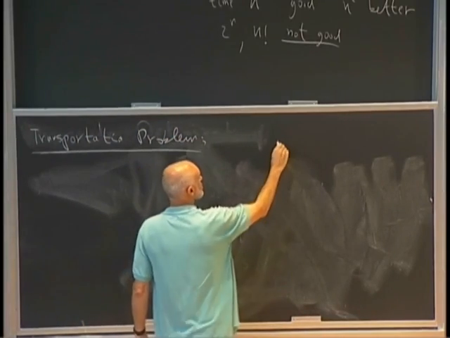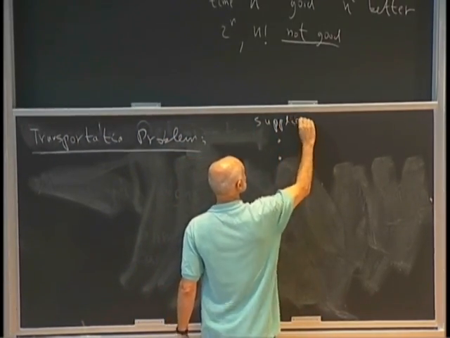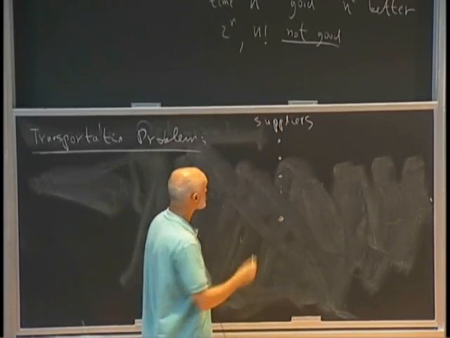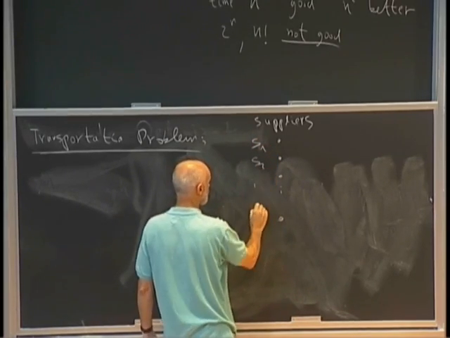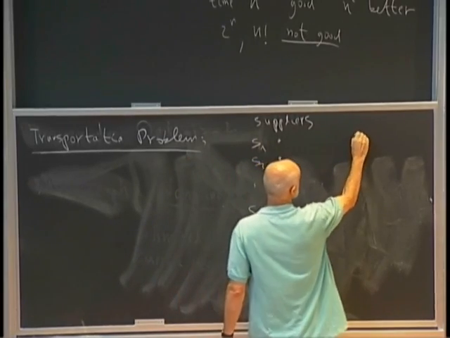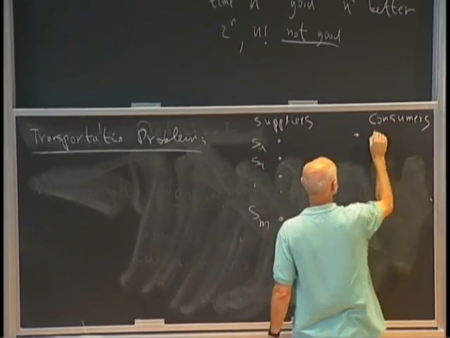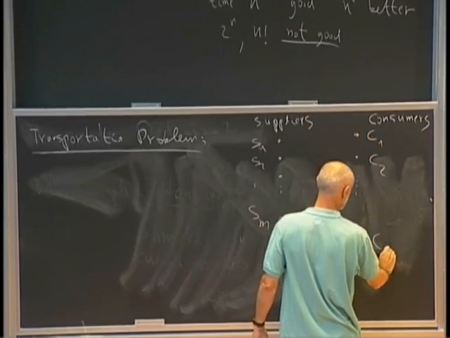So now the story is the following. You have these suppliers, and they have supplies. So this one wants to supply S1 units, S2 units, and so on up to Sm. There are consumers. They have consumption 1, consumption 2, consumption n.